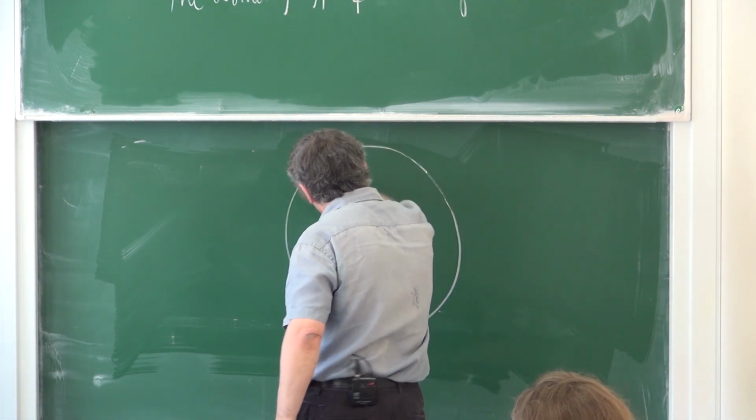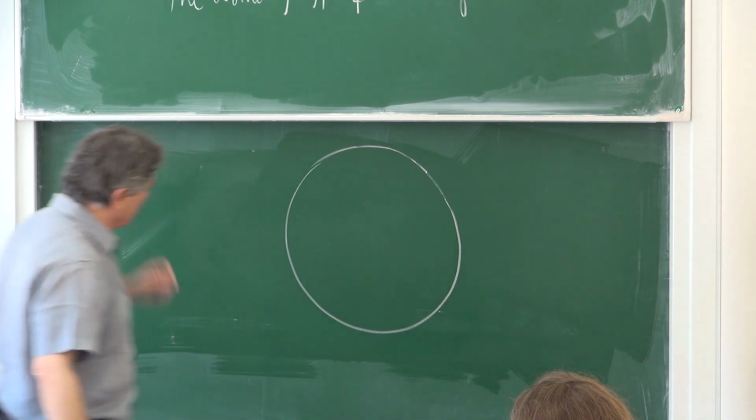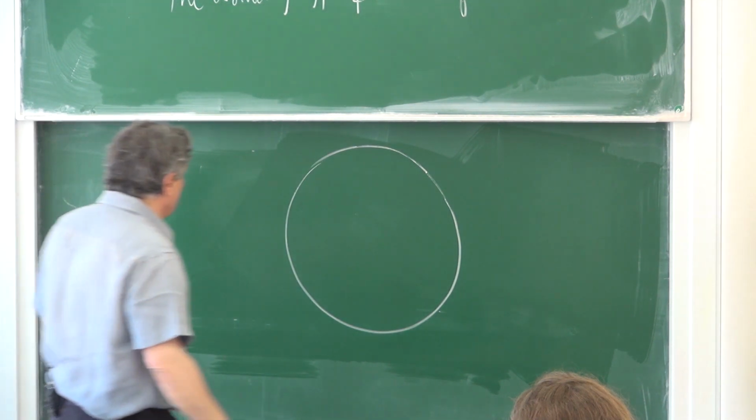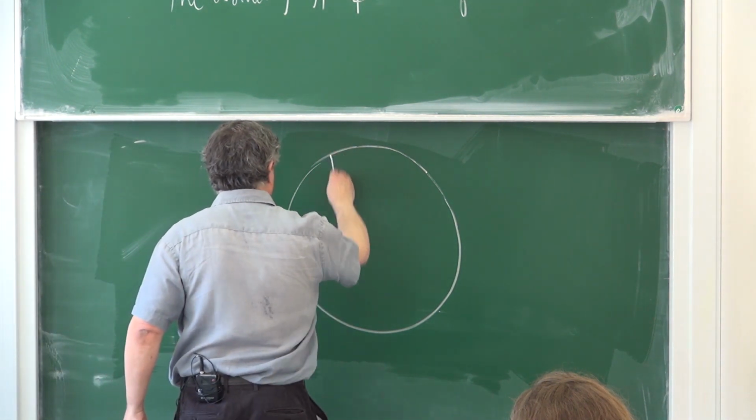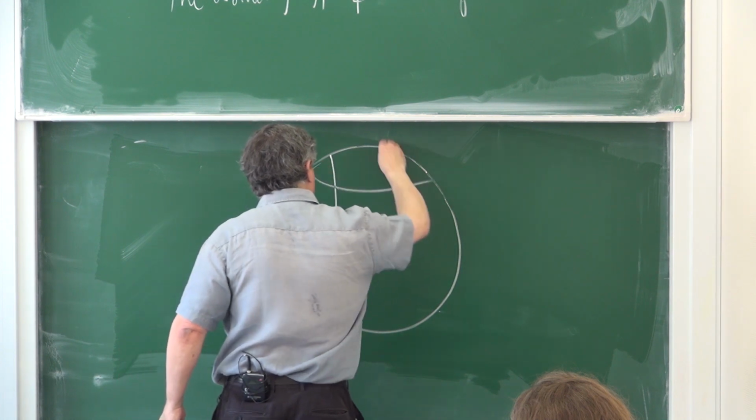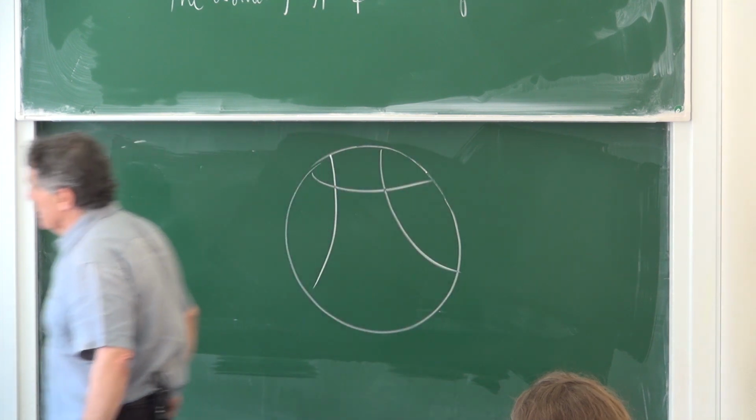Let's think about the disk model of the hyperbolic plane. So I have these three geodesics.